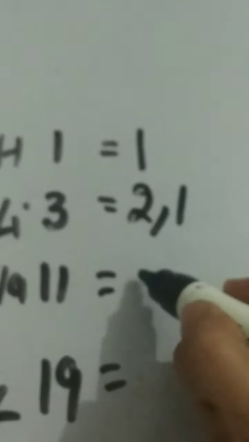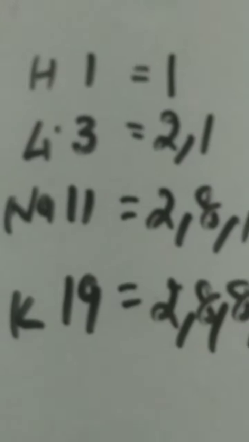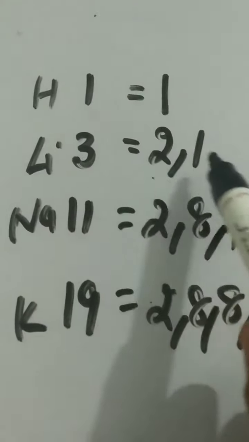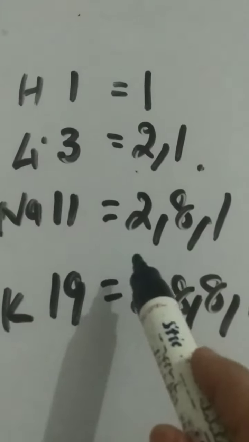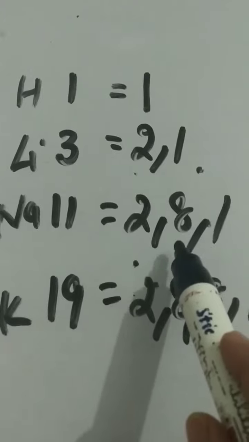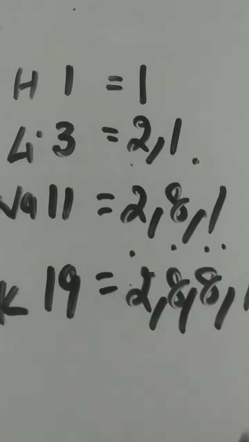If you find out the electronic arrangement or configuration, it is like this. Arrangement of electrons in the first shell: in the case of hydrogen, only 1. Then in lithium, the first shell has 2 electrons and 1 electron shifts to the second shell. Similarly sodium: first shell completed with 2, second shell completed with 8, third shell has only 1 electron.